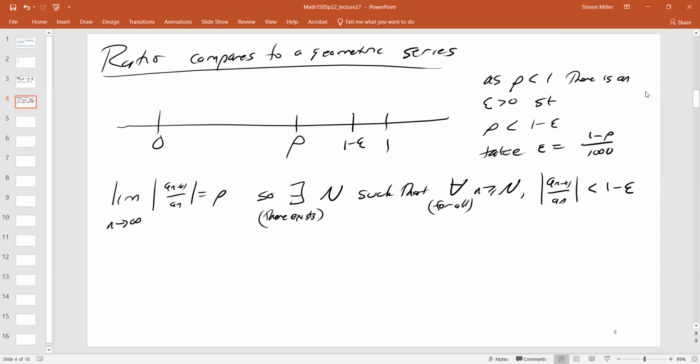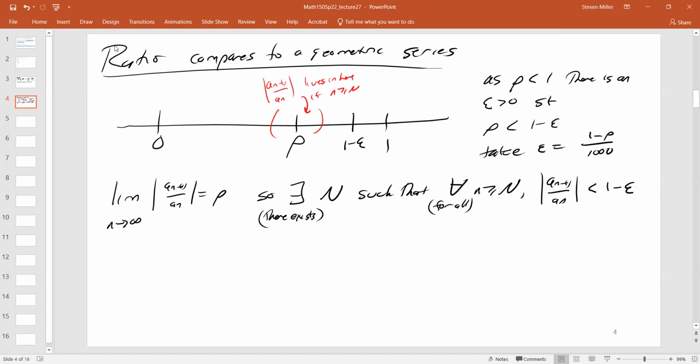And the reason is because it converges to rho, eventually, no matter how small of a neighborhood you give me, a_{n+1} over a_n lives in here if n is greater than or equal to N. Because it's converging to rho, so eventually it can't be too far away from rho. So I choose a new width so that I stay close to rho.